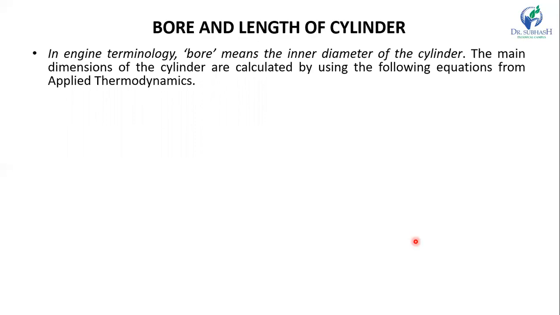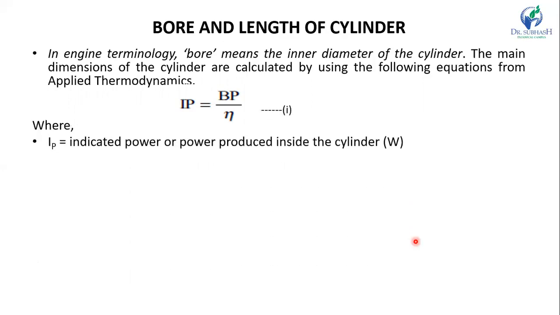Okay, so the main dimensions of the cylinder are calculated by using equations from applied thermodynamics. So you know that IP, the indicated power, is equal to BP, the brake power, upon eta, where eta is the efficiency.